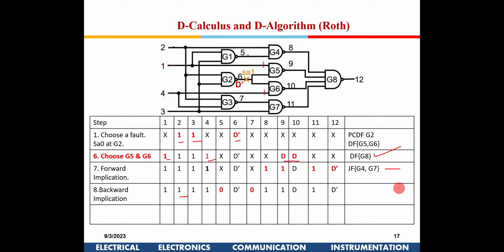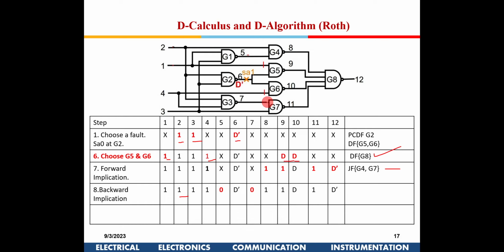Whenever there is no contention, it will run like this. It will propagate D to the output, and then from there it will keep coming back. If it encounters any contention, since that memory is saved, it will go back to where you made a choice.